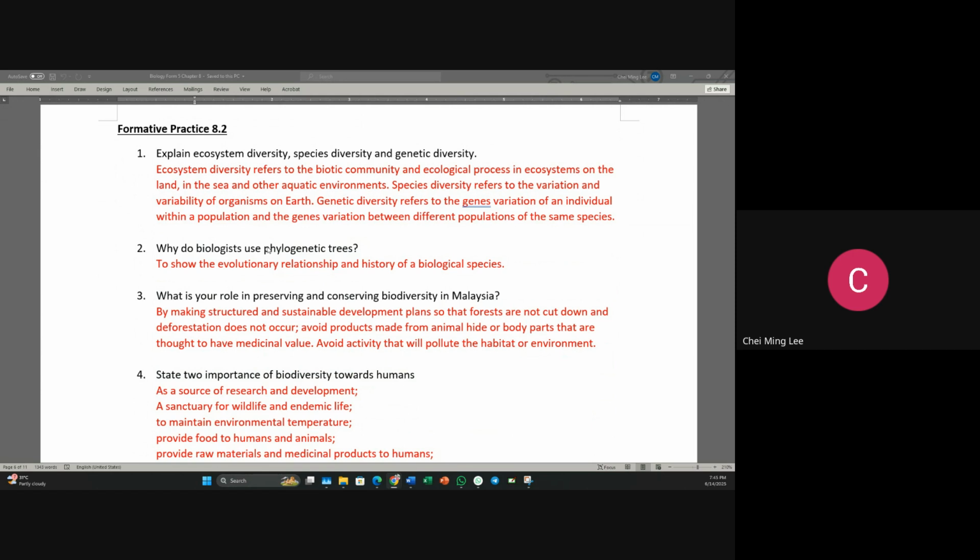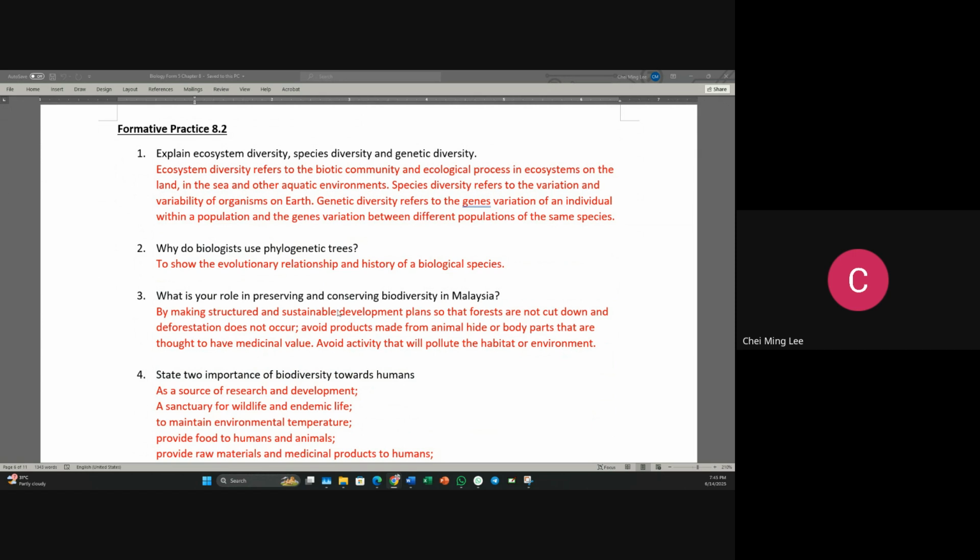Okay, why do biologists use phylogenetic tree? This is to show the evolutionary relationship and also the history of a biological species. Okay, and what's your role in preserving and conserving the biodiversity? You can make structured and sustainable development plans so that the forests are not cut down and deforestation does not occur.